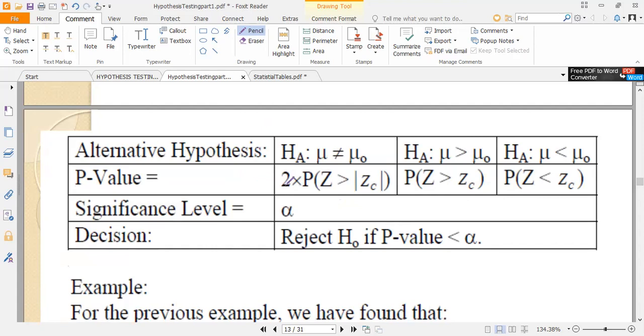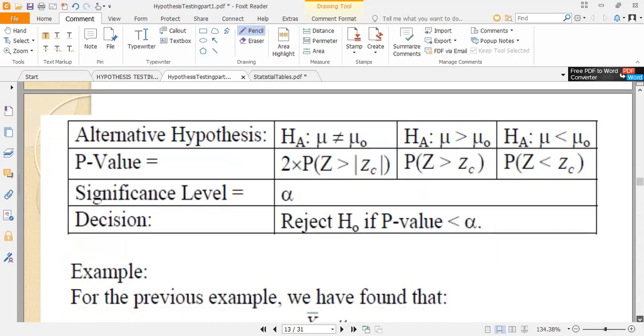If it's a two-tailed test, the p-value is multiplied by 2. Then the Z tabulated should always be greater than the absolute value of the Z statistic. What am I saying?